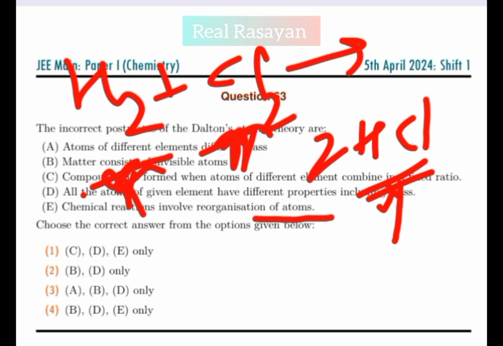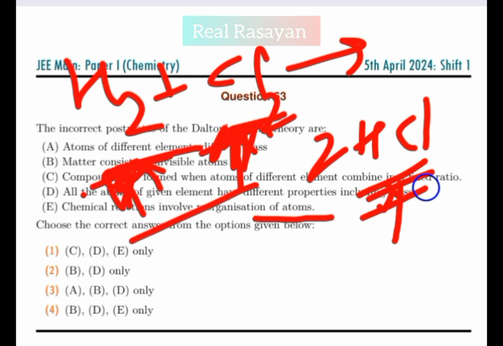And there is the bond breaking and bond making that reorganizes the given elements to form the given compound. So this is a chemical reaction that involves the reorganization of atoms. So this statement is also correct.